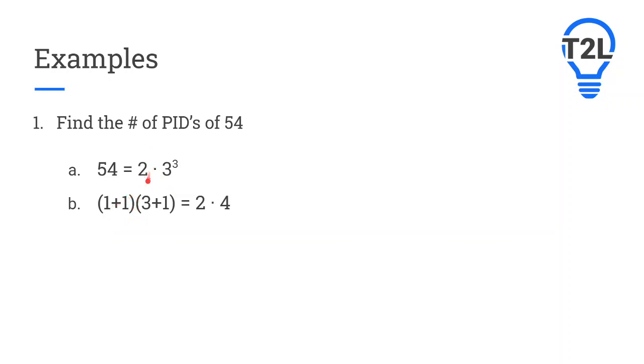Whenever there's not an exponent, there's always an exponent of 1, because any number raised to the first power is just going to be the number itself. So that's why they don't usually write the exponent here, but just know it's always going to be a 1. So add 1 to 1, you get 2. Add 3 to 1, you get 4. Multiply 2 and 4, you get 8. And that's the answer. And 8 basically means that there are 8 different numbers that can be divided into 54 evenly.